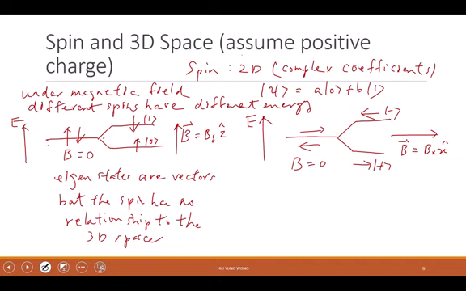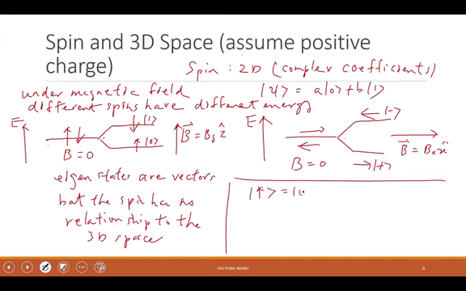Again, the spin direction is not really a 3D direction. The reason we associate this with sigma x is because we are measuring the x direction.